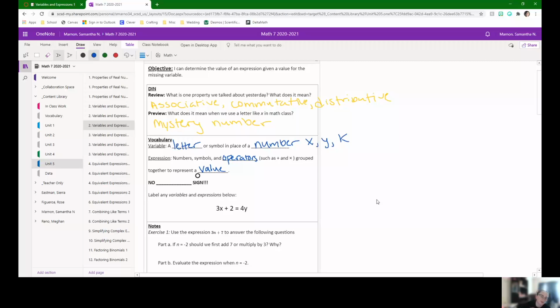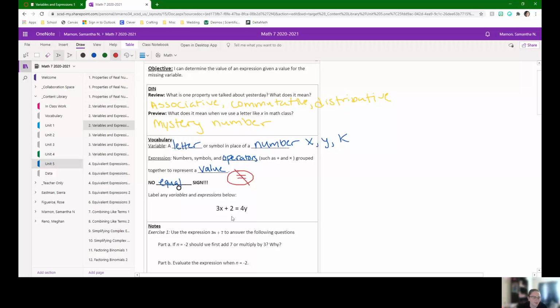Sometimes you have an exponent that will make an expression. It has no equal sign. So expressions are not equations. Equations have an equal sign, expressions do not. It's just a group of numbers and symbols and operators, and they have a value.